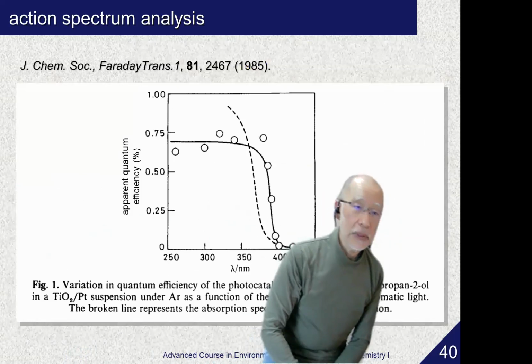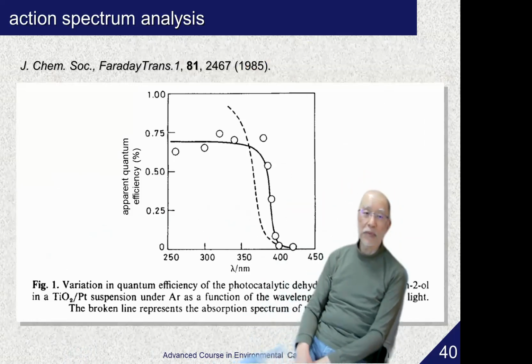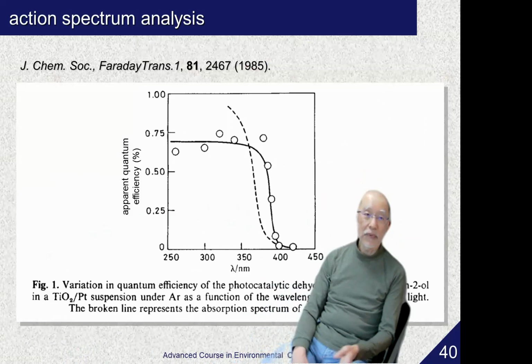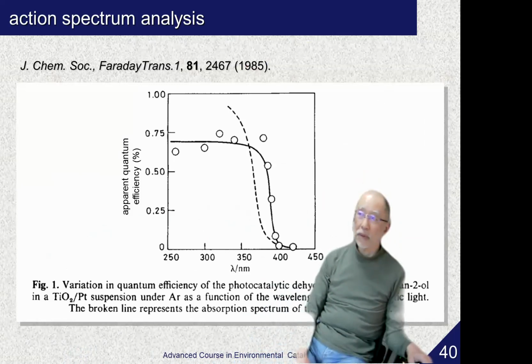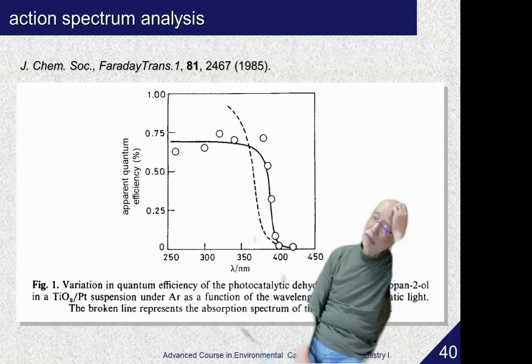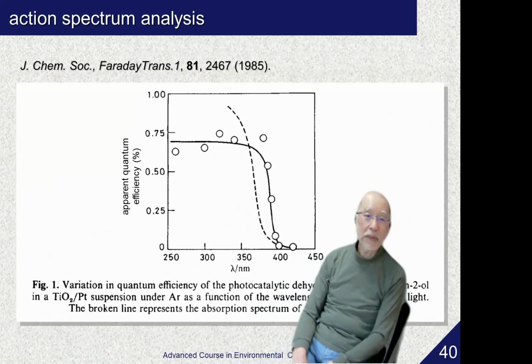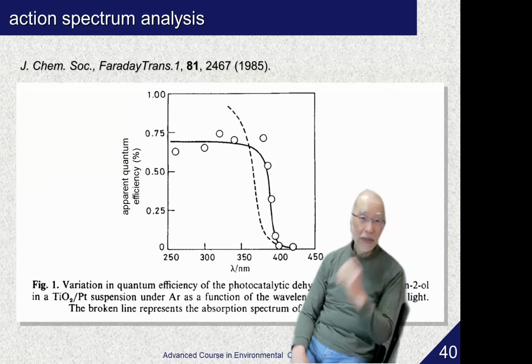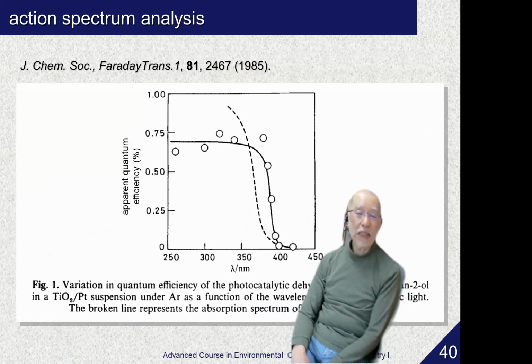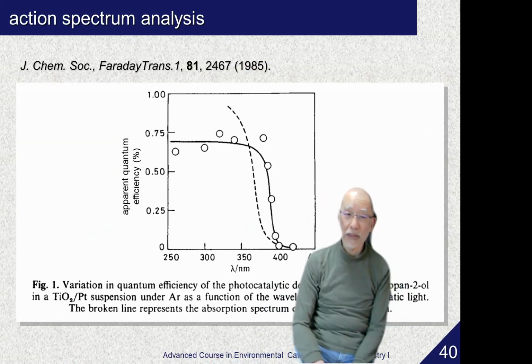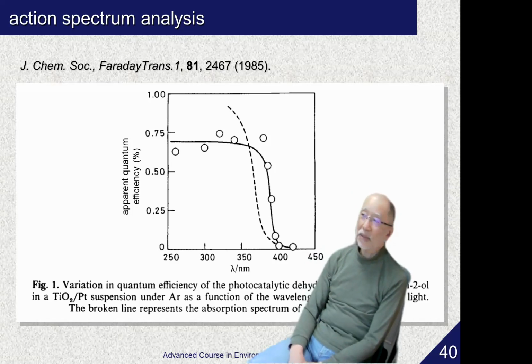And my first example was probably in 1985, the first year of my position as assistant professor, research associate. At that time, I thought that this was the first example of an action spectrum of photocatalysis, but actually, at least in 1971, a titania action spectrum had already been reported.